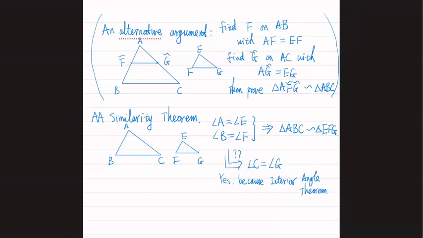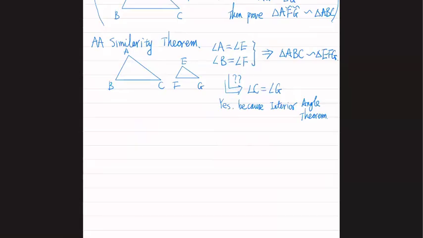Okay, so 3 angles, now down to 2 angles. What if we only have one pair of angles? Another similarity theorem called SAS.